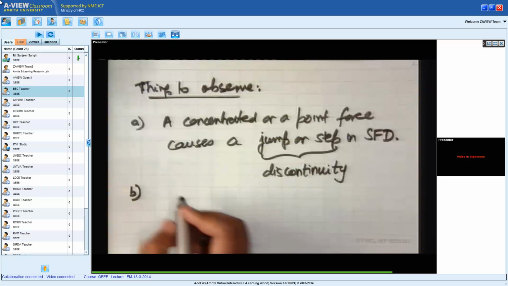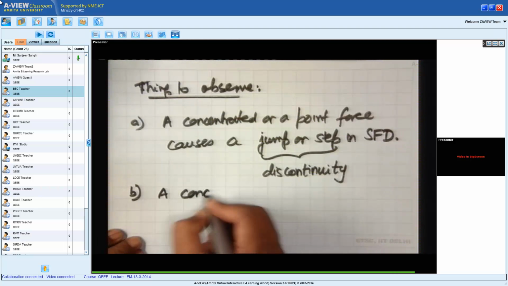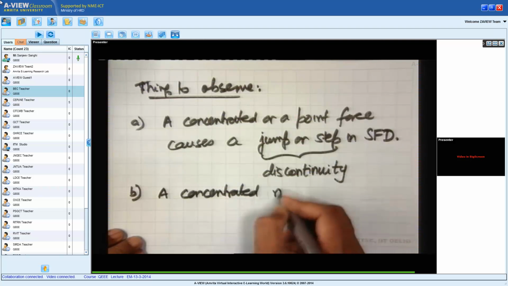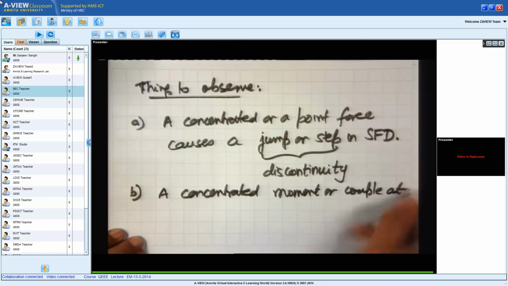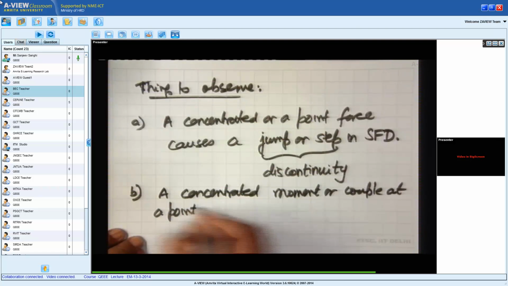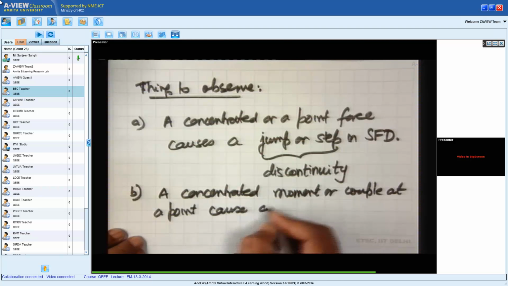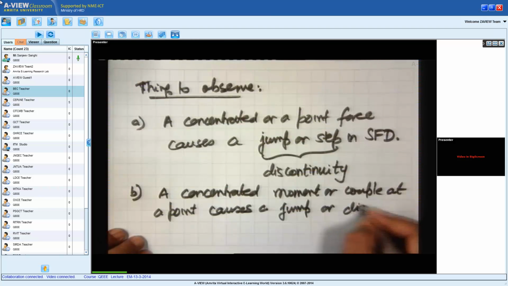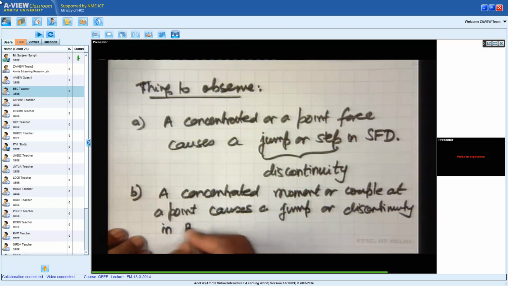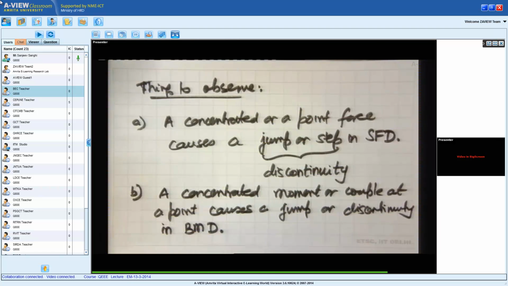In a bending moment diagram, if there is a concentrated moment or couple at a point, this will cause a jump or discontinuity in the bending moment diagram. And this concentrated moment will do nothing for the shear force.